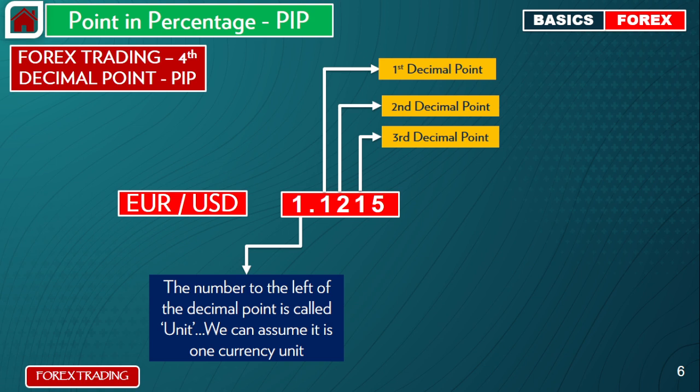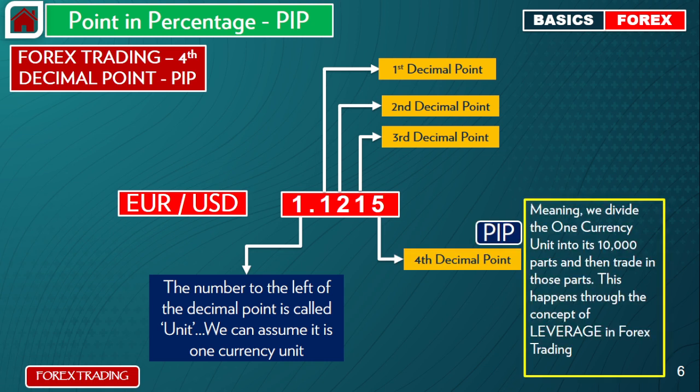As we said, the first decimal place is the 10th part, the second is the 100th part, and the third is the 1000th part. The fourth decimal place is the 10,000th part, and this fourth decimal place is called the PIP.